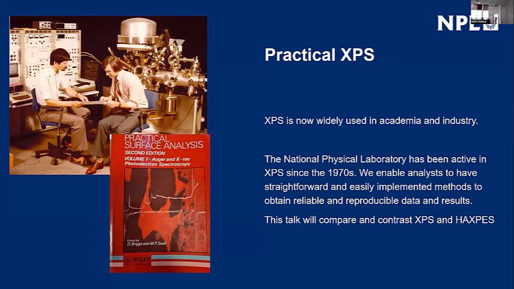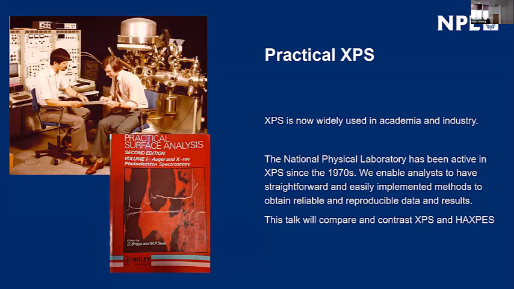And this is my copy of what I think is one of the best textbooks you can get on XPS. It's got everything in it that you really need to know. It's called Practical Surface Analysis. It's practical XPS: what you need to do, what you need to know if you're running and operating an instrument, you're providing data for other people, and you're doing this in a general analytical context.